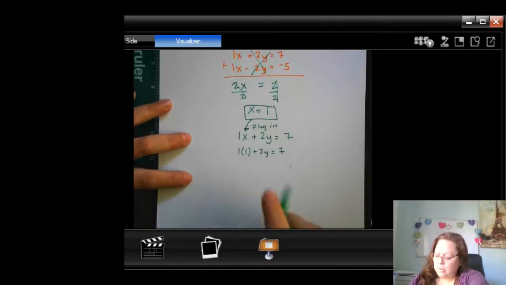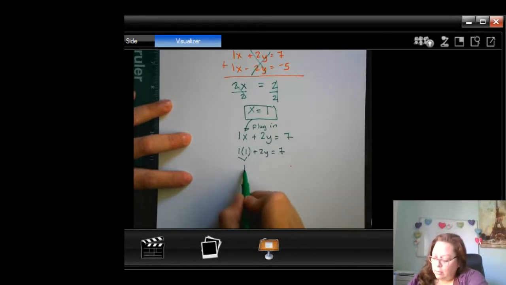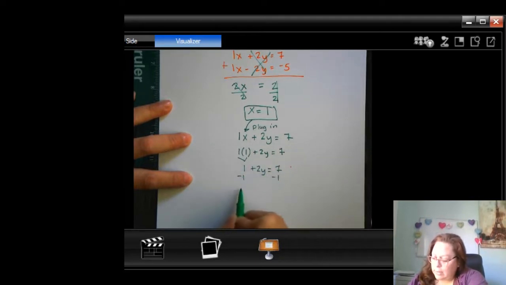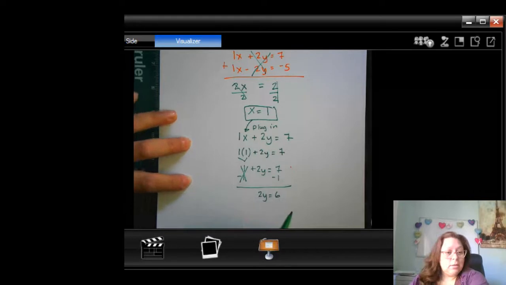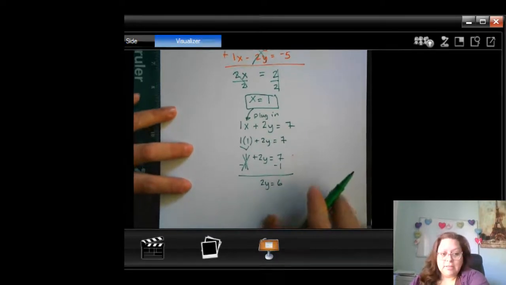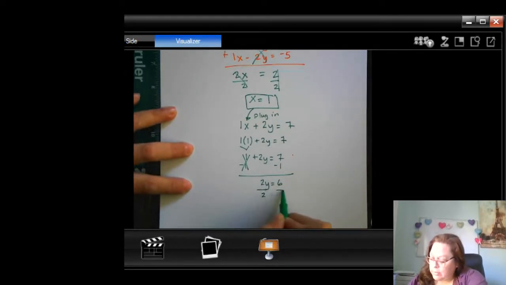Multiply these two. 1 plus 2y equals 7. Subtract 1. These cancel. You're left with 2y equals 6. The last thing you want to do is divide by 2. So y equals 3.